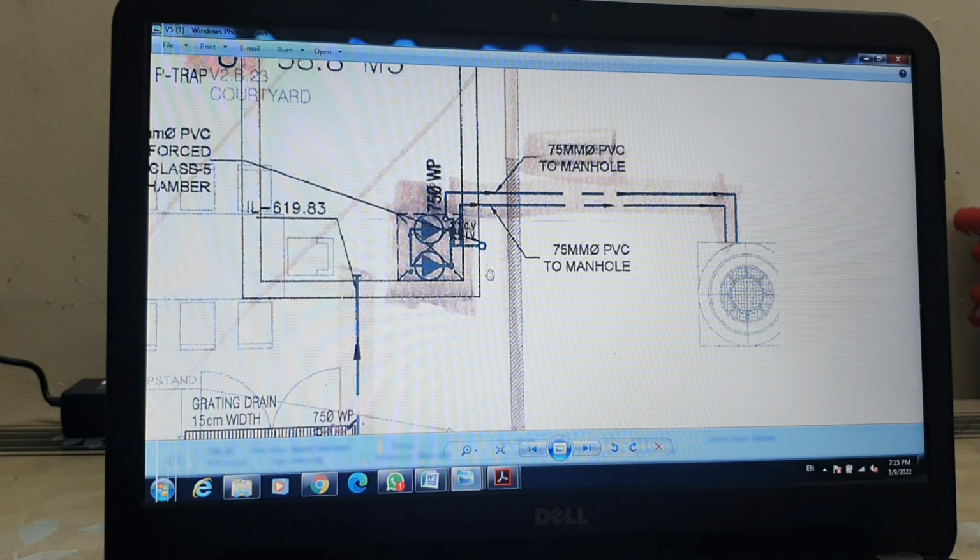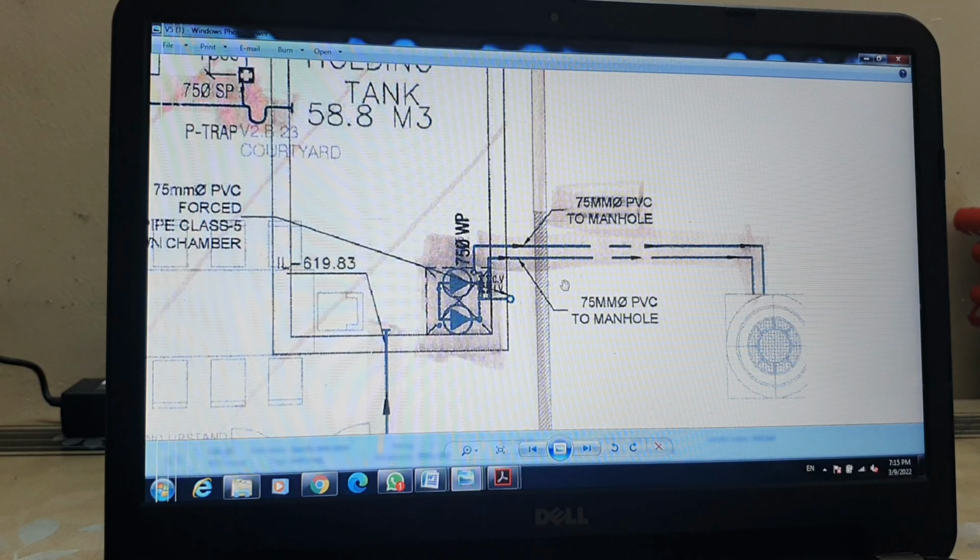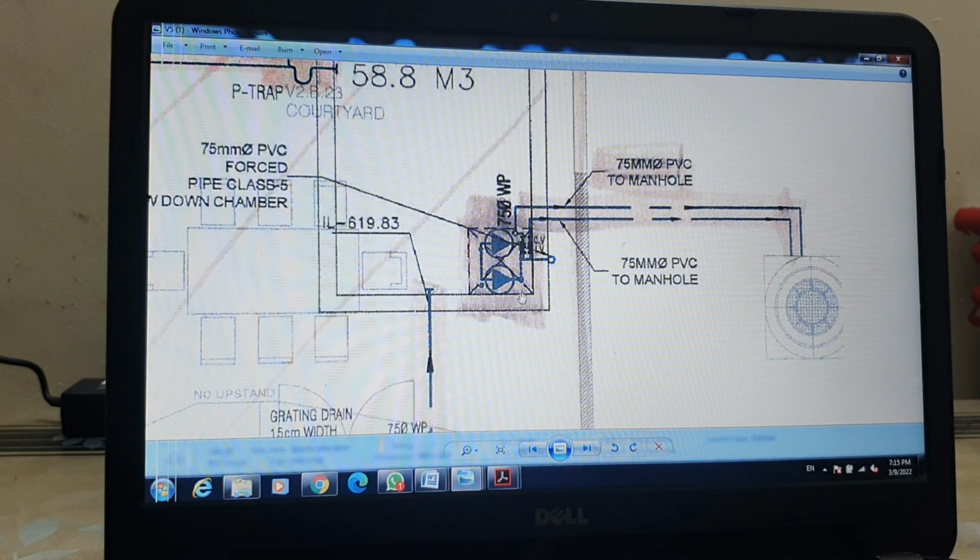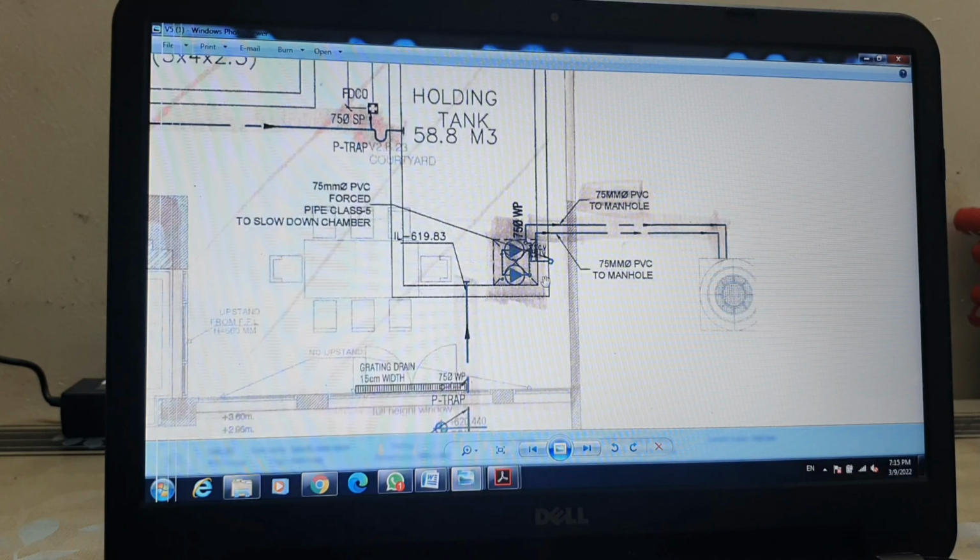We will calculate all this and then we will get the head. After getting the flow and head, we can place an order with our supplier.